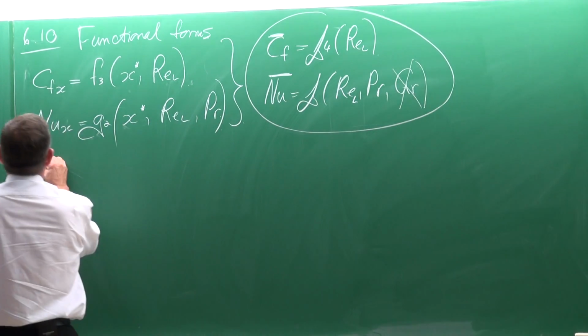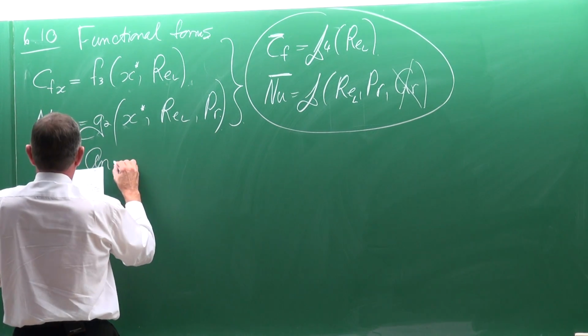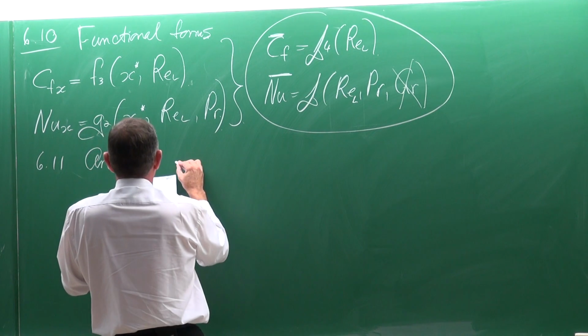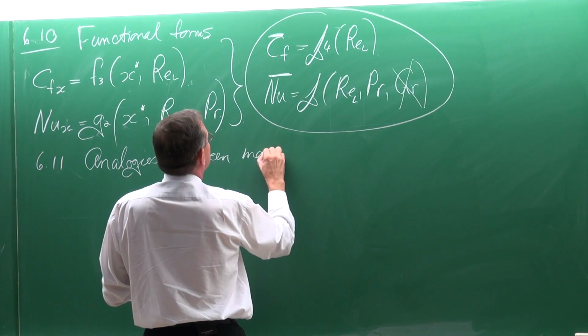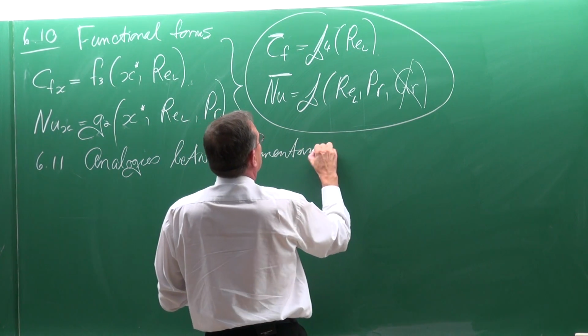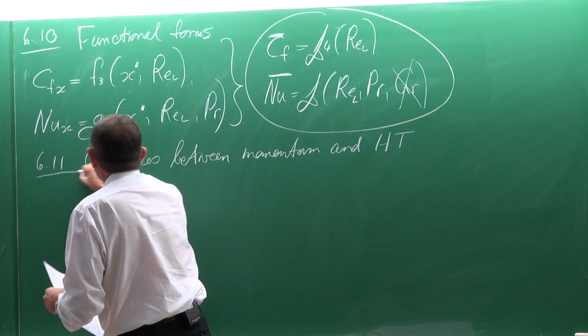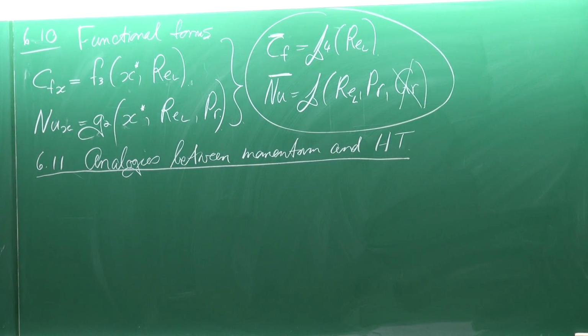So in paragraph 6.11, he discusses the analogy or the analogies between momentum and heat transfer. So it summarizes many of the very important concepts that we've done up to now.